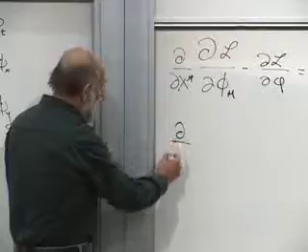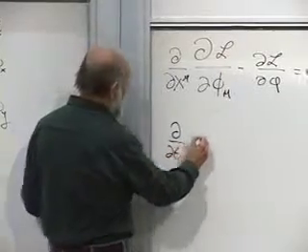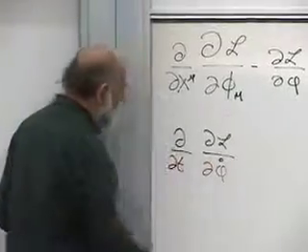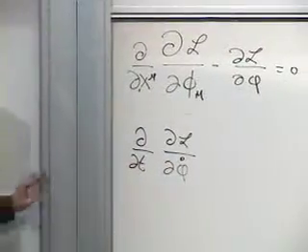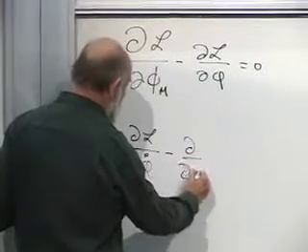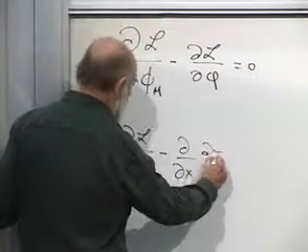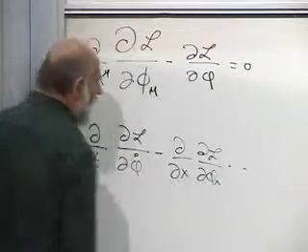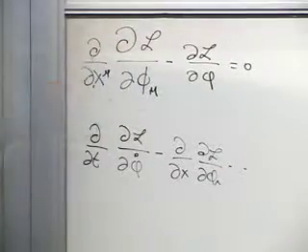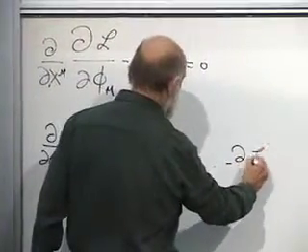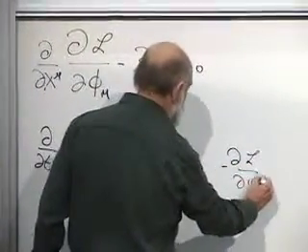All right, so this says d by dt of the partial of L with respect to phi dot, that's the first term, minus d by dx of the partial of L with respect to phi x, and likewise for y and z, minus the derivative with respect to phi, equals 0.